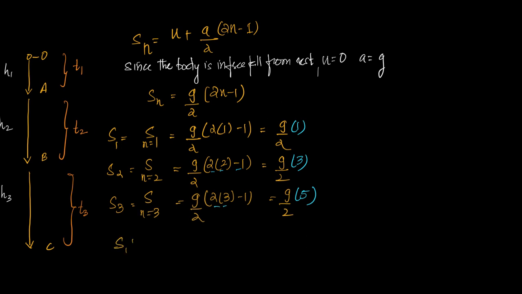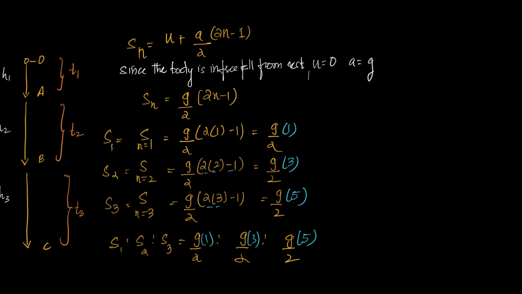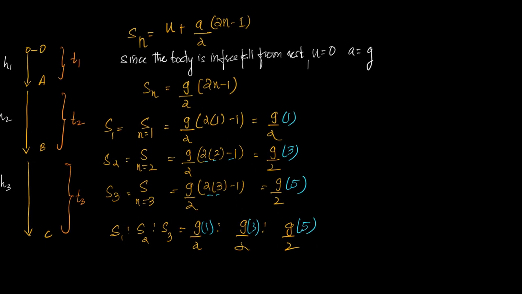The ratio of these distances, S1 is to S2 is to S3, which is equal to G by 2 is to G by 2 is to G by 2, with the remaining values 1, 3 and 5. If we remove the common factor, S1 is to S2 is to S3 is equal to 1 is to 3 is to 5.